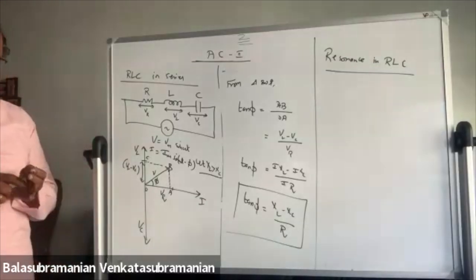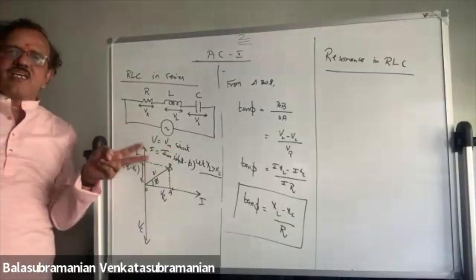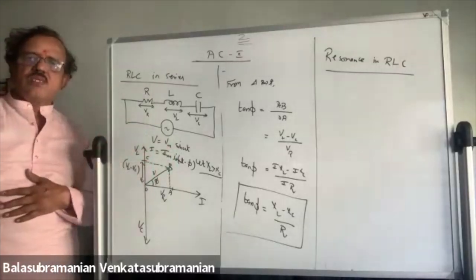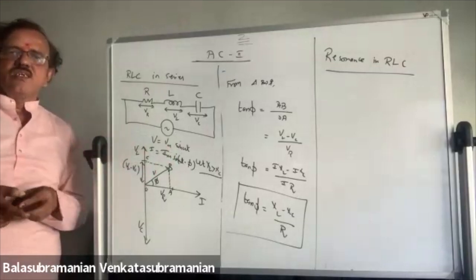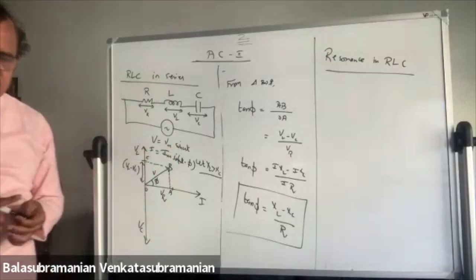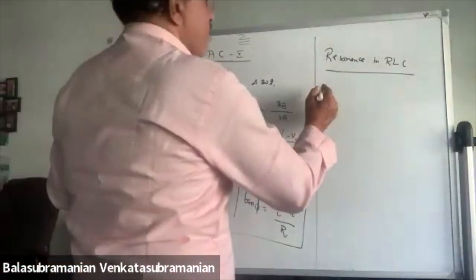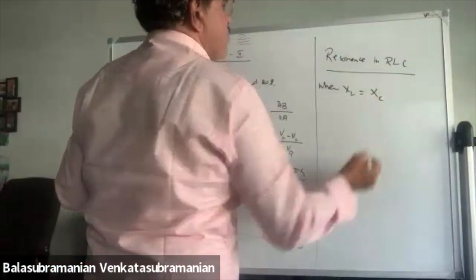Like that, one particular case you have studied, XL greater than XC. Another case you have seen, XC greater than XL. So there should be a case common between these two, that is when XL is equal to XC.